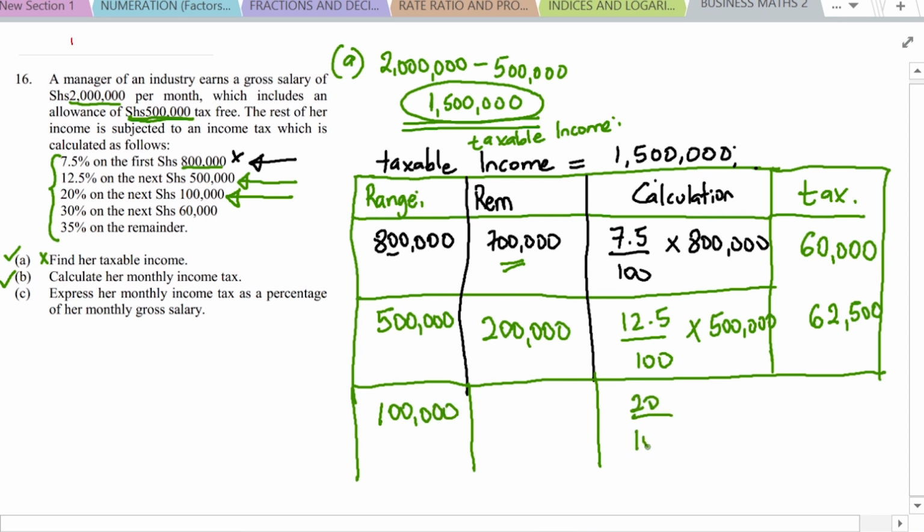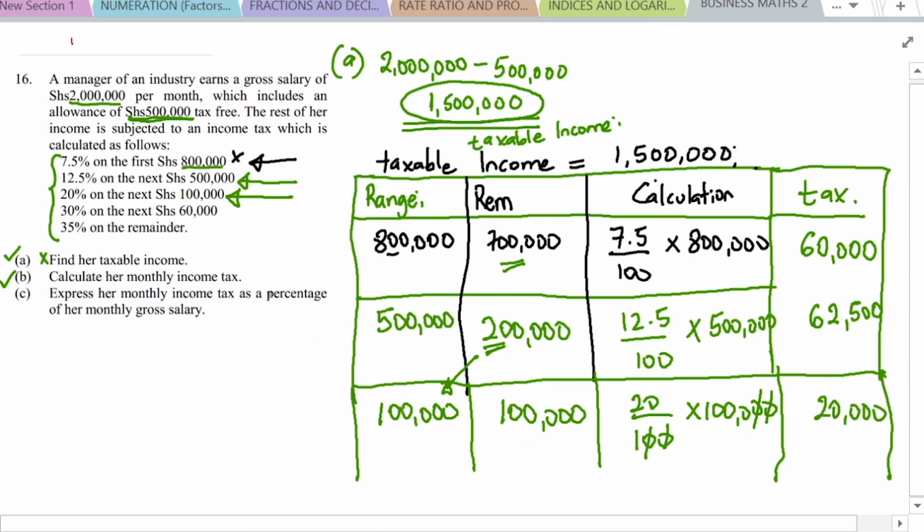So it's 20 over 100 multiplied by 100,000. So when we subtract that 100,000, how much money do we remain with? From 200,000, when we remove the 100,000, we remain with 100,000. So when we subject this to tax, we end up with 20,000.